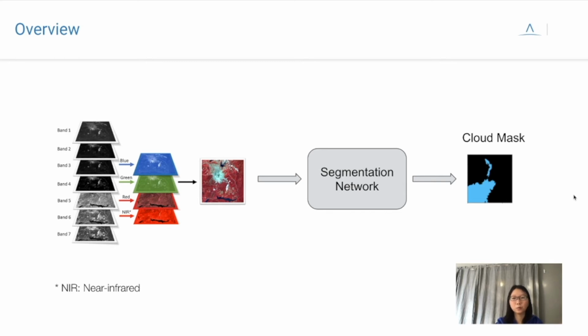This network will look at the input image and extract features from it and classify each pixel as either cloud or non-cloud. As you can see from the right-hand side, it's the prediction from our model, the cloud mask.